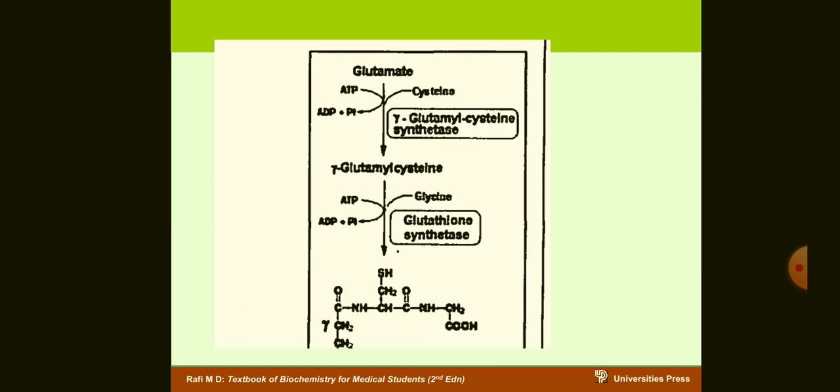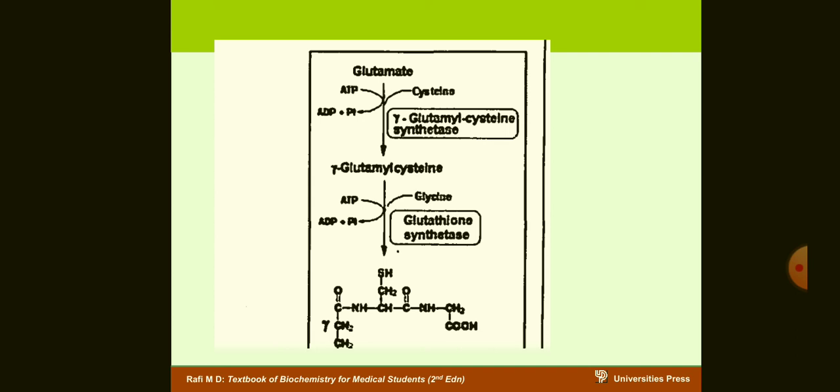First, glutamate reacts with the cysteine molecule, forming gamma glutamyl cysteine. One ATP molecule is utilized for this reaction. Gamma glutamyl cysteine then is converted into the glutathione molecule by adding one more glycine molecule, forming gamma glutamyl cysteine glycine, which is nothing but glutathione.